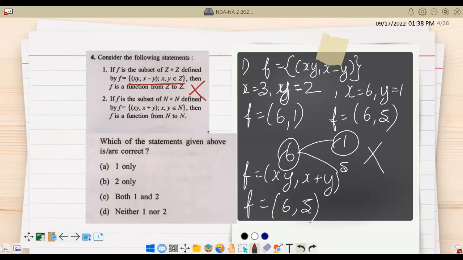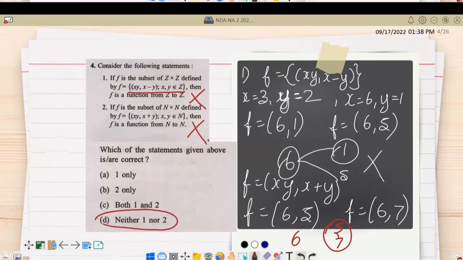And if I give the same x equal to 6 and y equal to 1, f will be 6 comma 6 plus 1, 7. Here also for 6, I'll get two values, that is 5 and 7. Here also the function is not defined. So both the statements are wrong. So the correct option is neither 1 nor 2.